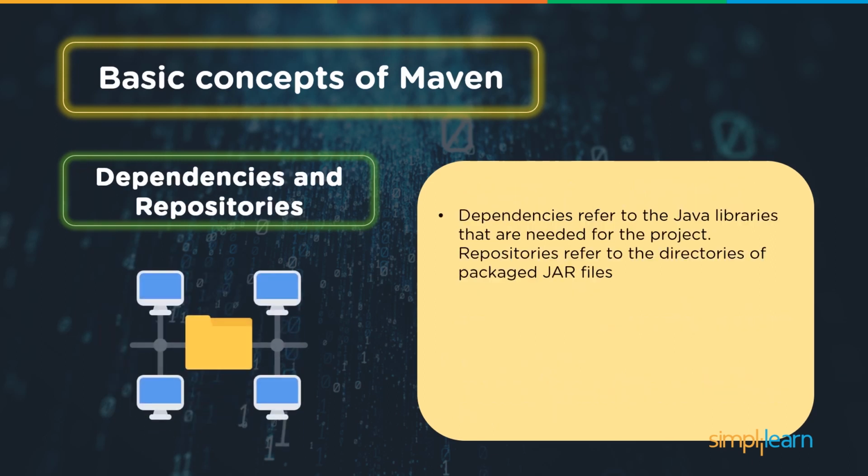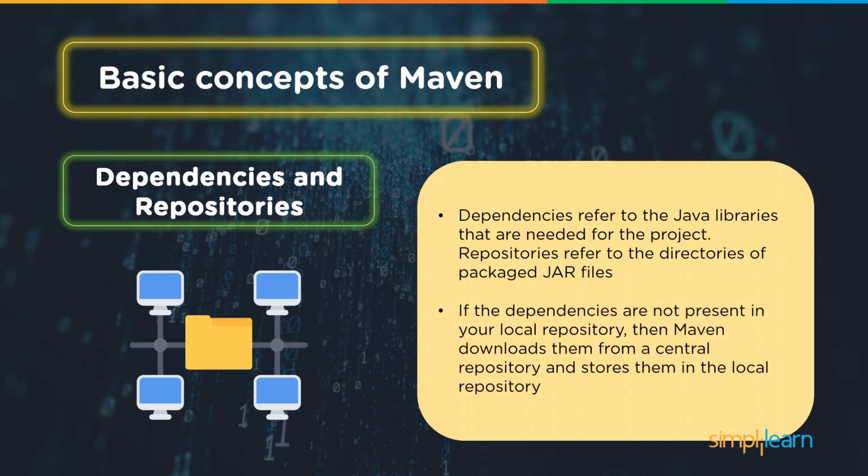Right, now the second thing is the dependencies and repositories. Dependencies usually refer to the jar files, the Java libraries which we need in our project. While working on the project, we may have a couple of dependencies. These dependencies we have to download from the Maven repositories.